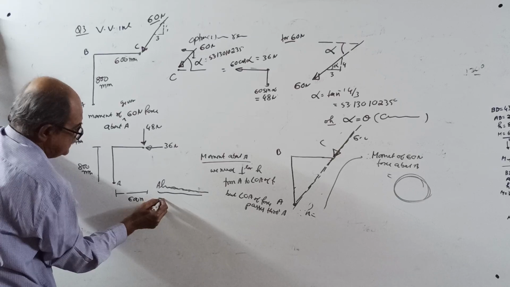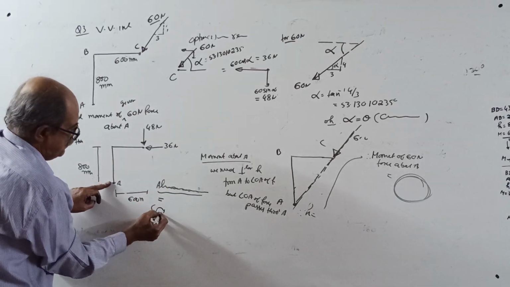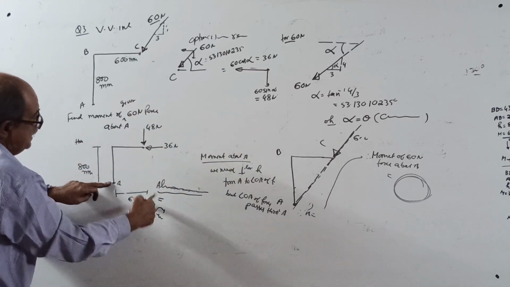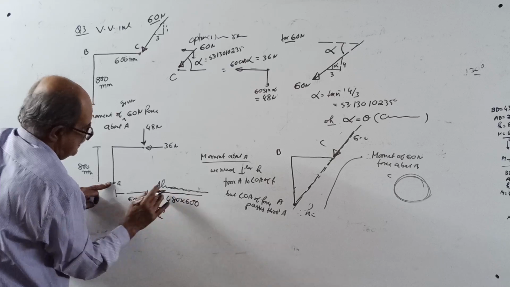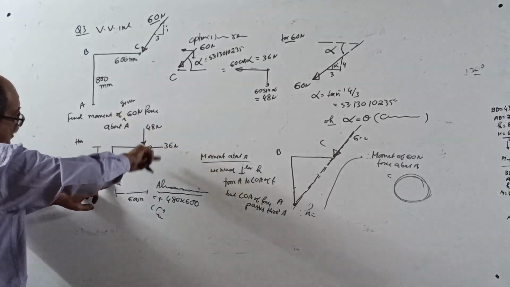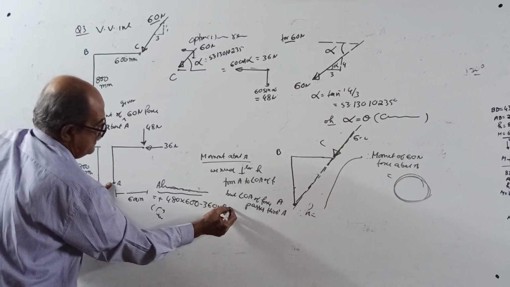Systematically, we take clockwise positive: 480 into 600, clockwise positive, minus 360 into 800.